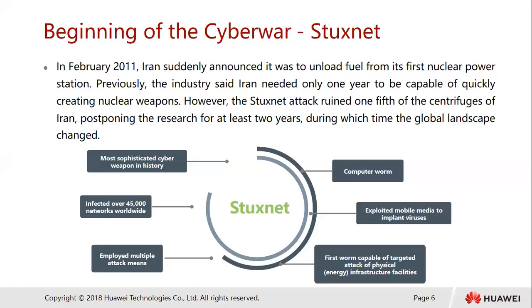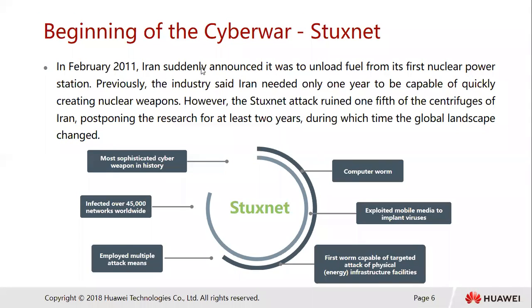Now, the situation was that the engineers who were operating this facility, to them, everything was okay on the screens. But meanwhile, in the background, the centrifuges were being rotated at a very fast speed, such that they got spoiled. So this hindered Iran from enriching uranium, okay?